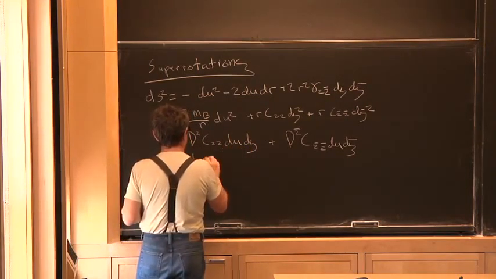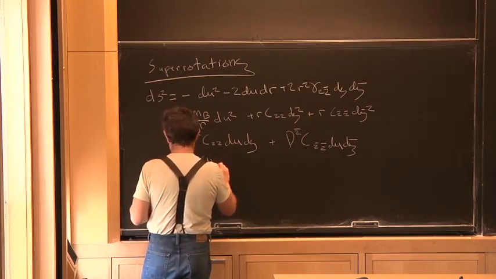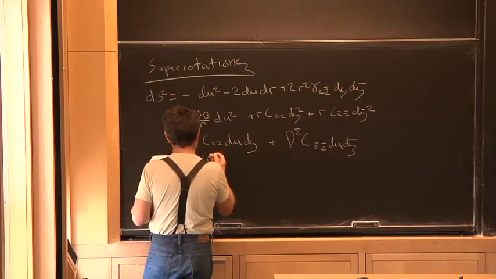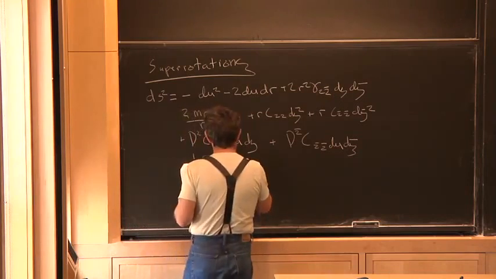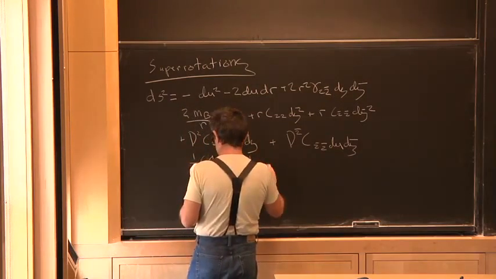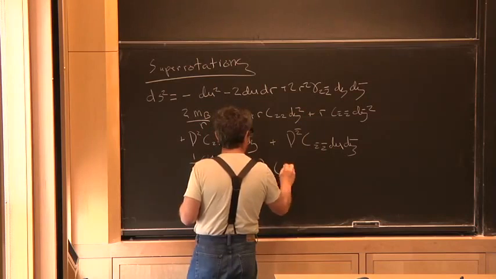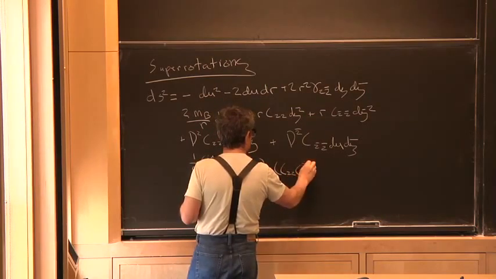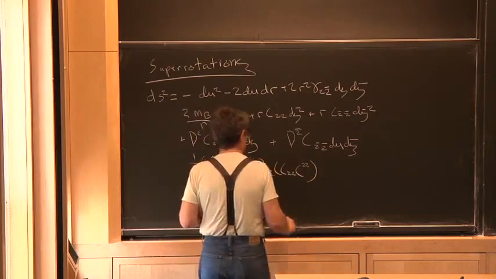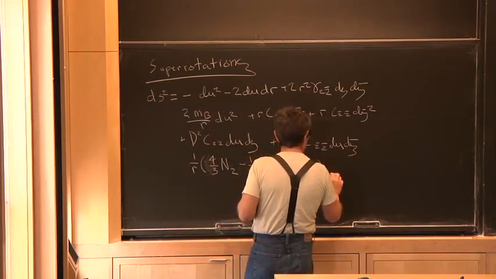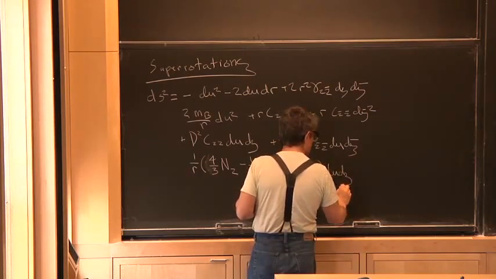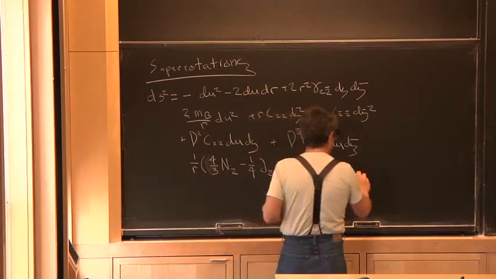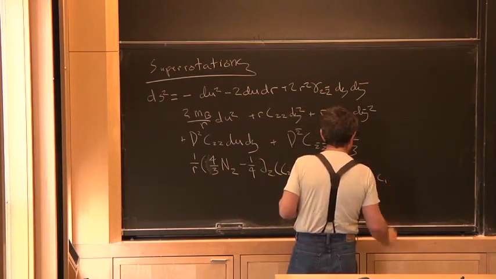We have 1 over r, N_z, 4/3 N_z minus 1/4 dz of C_zz C_zz, du dz, and plus the complex conjugate of this involving N_zbar.